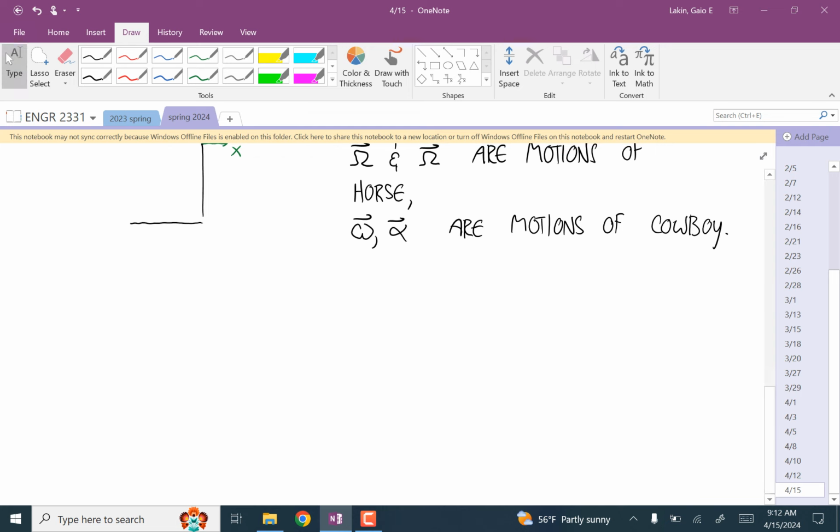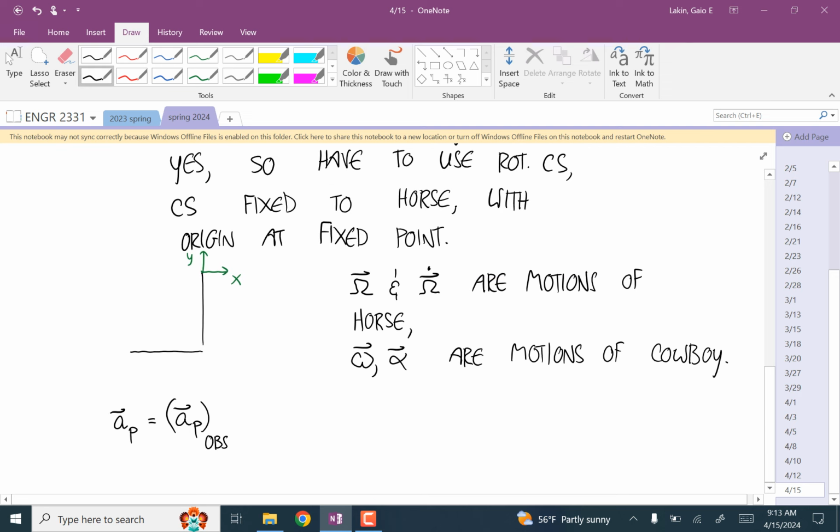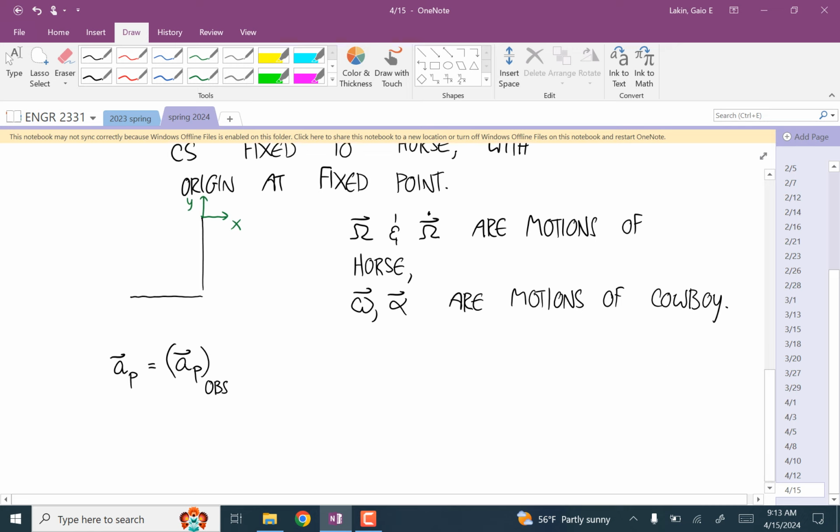So now we know we're going to use the equation that says the acceleration of p is equal to the observed acceleration of p. This is like if that green coordinate system was a video camera, this is the acceleration that video camera would see. Okay?